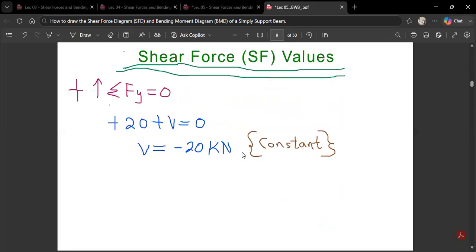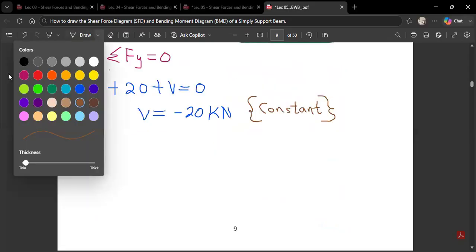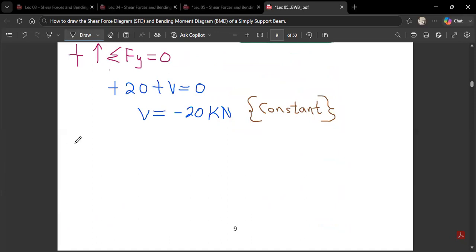So here, at X is equal to 0, my shear force at D is equal to negative 20 kilonewton, because it is D that I wrote first, portion DC.